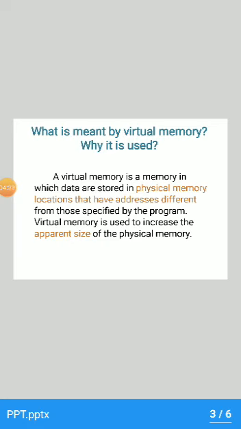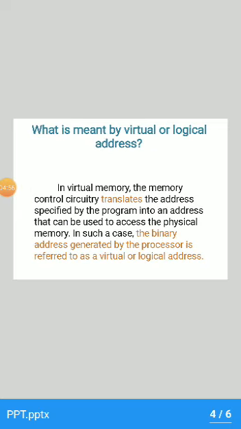Actually, physical memory is 4 GB, which is the real memory, but it gives the illusion of 16 GB, equivalent to the capacity of secondary storage. That is called virtual memory, and it is used to increase the capacity of the main memory.